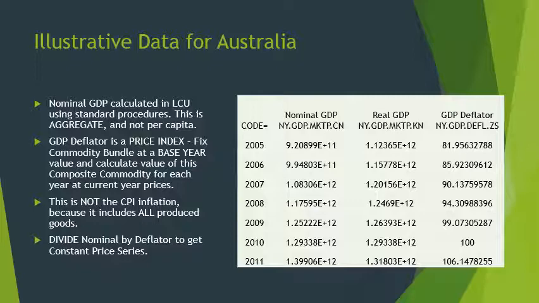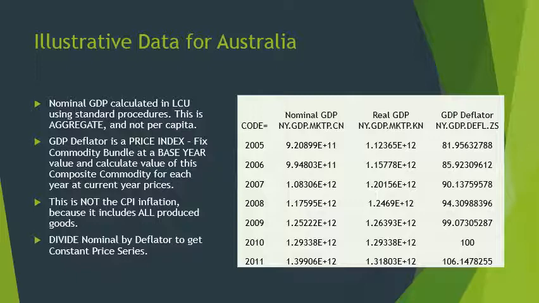Then we calculate a GDP deflator. This is a price index for the GDP as a whole. It is calculated by using a base year and fixing a commodity bundle and then pricing the same bundle across the years. So you get a sequence of prices for the same bundle. So this shows how the prices have been increasing.